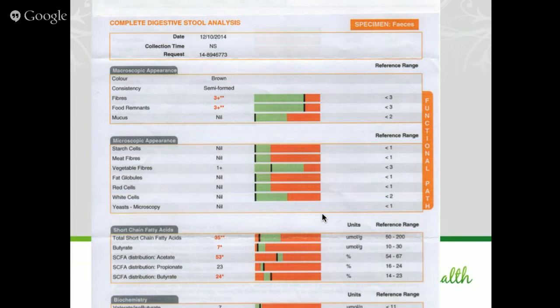If one's not being broken down, then we start to have an issue with certain breakdown products like acetate if it's too low, or propionate if it's too high, or butyrate if it's too high as well. So I'll get into that a little bit more towards the end. But as we're going down here, you can see that her fermentation of carbohydrates is a little off.